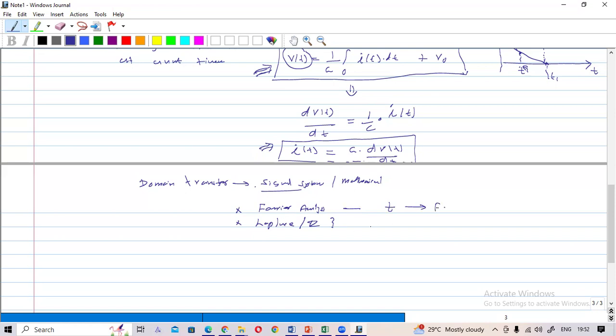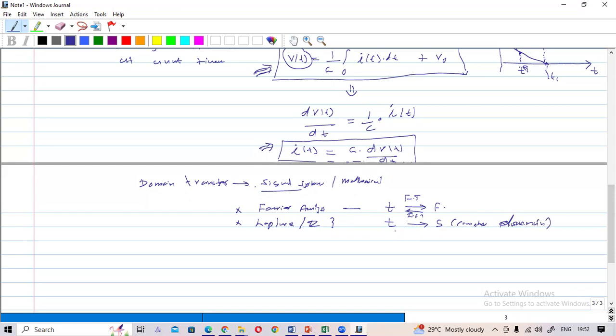In Laplace transform or Z transform, we can transfer a time domain signal into the complex domain. Using the Fourier transform we go from time to frequency domain, and you can do vice versa, frequency to time domain, using the inverse Fourier transform. This X is a complex number, so this is the complex domain.